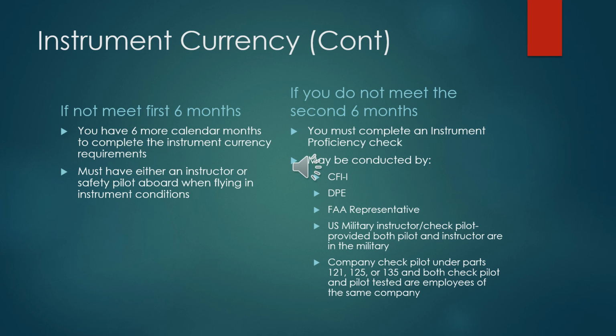in order to regain our instrument currency. Now, let's say we've had a weird summer on top of it. So from July 1st to December 31st, we don't get it done again. So now we've had an entire year go by. We did not get this done. Now we are going to be required to complete an instrument proficiency check.